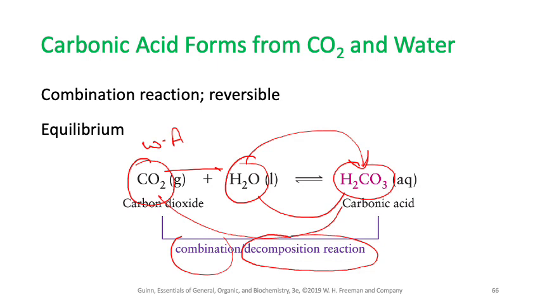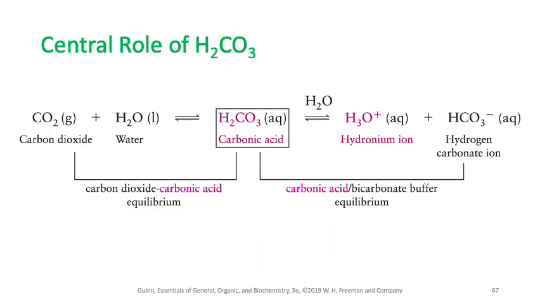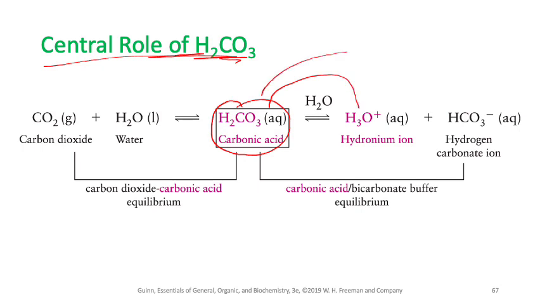Now let's see what the central role of carbonic acid is. How does this buffer system work in our body? If the blood has carbonic acid, it reacts with water and can produce hydronium ion and the conjugate base, hydrogen carbonate ion. This is your weak acid. How can we get this carbonic acid in our blood before it can act as a buffer system?